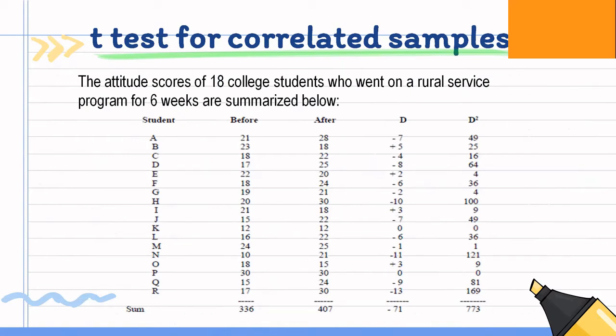So there we have the students, and then they have their scores before the rural service program and scores after the rural service program. And this D is the difference, before minus after, and then D squared is the square of the difference. So we just get all the sums and we got the D values.